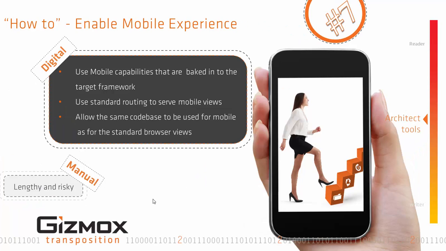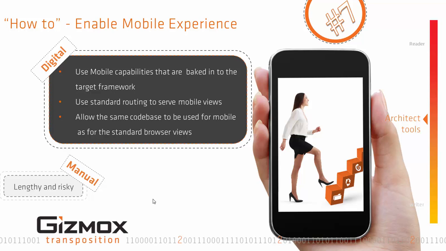The number 7 how-to is enabling a mobile experience on the same code base, making use of the standard target framework capabilities. As we'll see shortly, this is absolutely part of the Digital Rewriters solution, using the mobile capabilities in ASP.NET MVC or in the Java GWT framework.